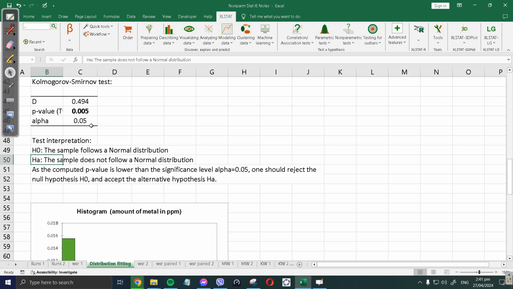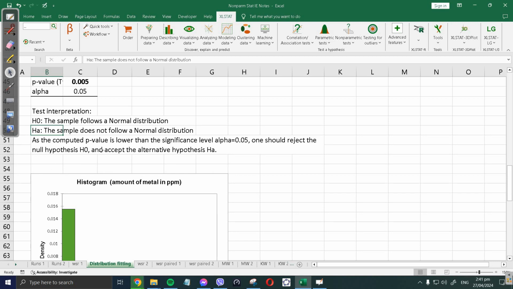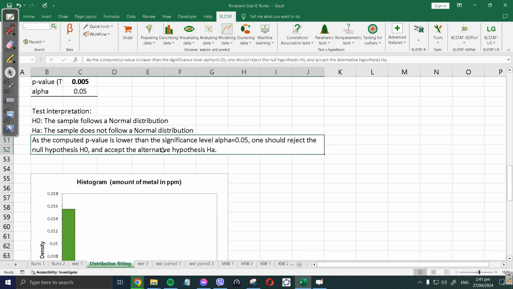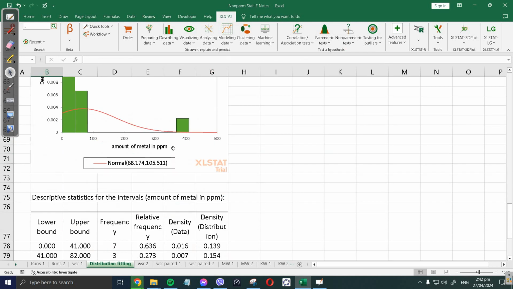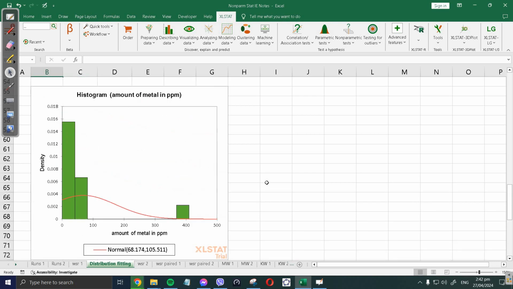Since the p-value is less than the significance level of 0.05, we reject. Although it is statistically wrong to say we accept, we just conclude the alternative hypothesis. The reason I showed the histogram is that it shows visually whether it's normal or not, and as we can see, it is not normally distributed.